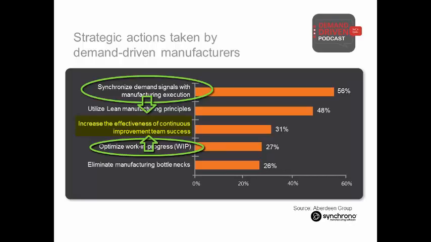And really those two things are critical in order to be able to increase the effectiveness of your continuous improvement team. Yes, your continuous improvement team needs to be well-grounded, well-educated in the tools of Kaizen and continuous improvement. But if we're going to direct your continuous improvement efforts around flow and what's disrupting the flow, you can't get a clear picture of that without synchronizing your demand signals to manufacturing execution and optimizing your work in process, because anyone who's worked in a world where there's way too much work in process, way too much inventory, it just kind of puts you in the dark as far as what the real problem is, because inventory basically hides or clouds your vision of that.